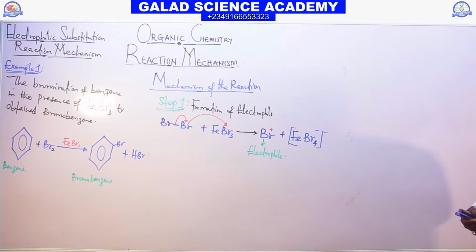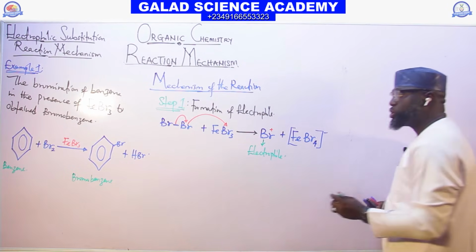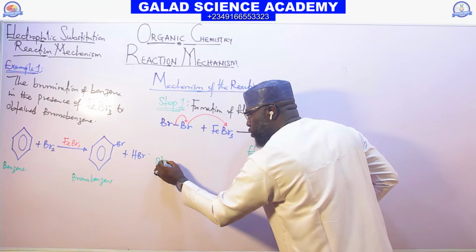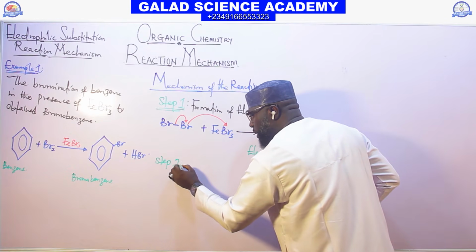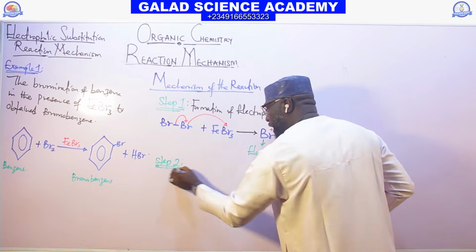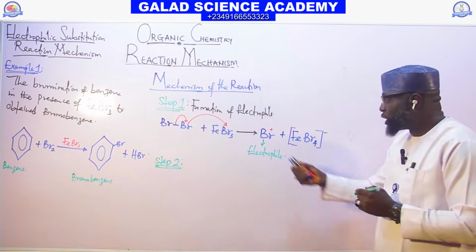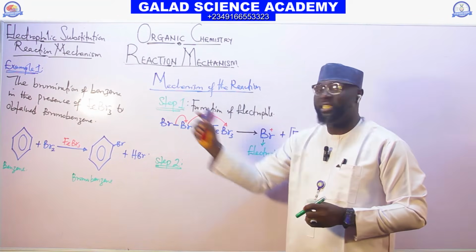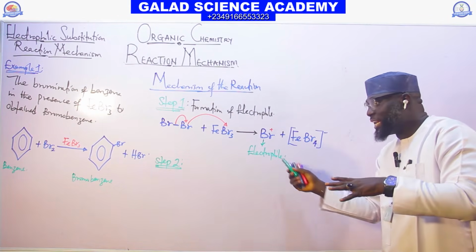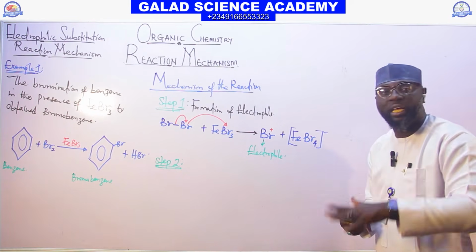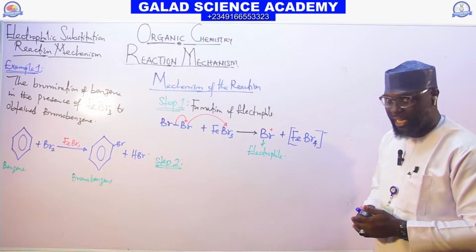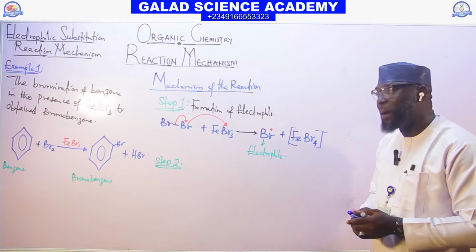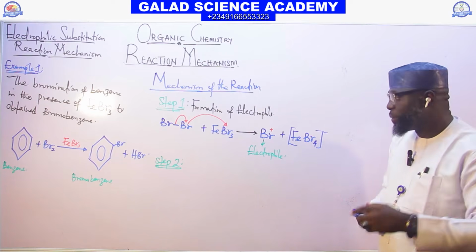That we are done with step 1. So in step 2, don't forget, the electrophile that is formed here in step 2 will now attack the benzene to form a carbonium ion.